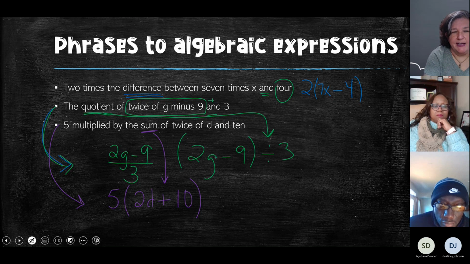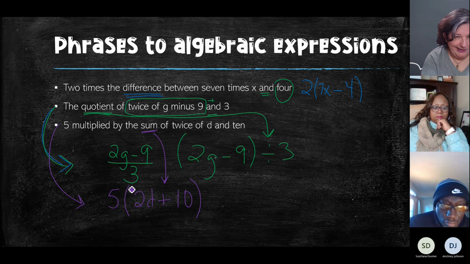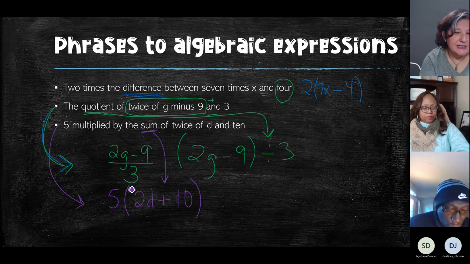So the Delta Math has some practice with this. And you can always do more problems than the ones that are assigned. I think it is important that you reach a comfort level with deciphering these kinds of things.